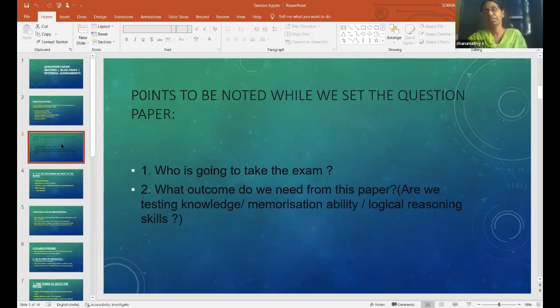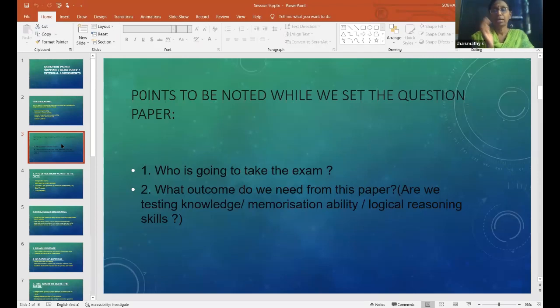Definitely difficult papers are not encouraged or appreciated by the heads of the institution, and children would also lose their interest and their motivation level will come down. So please don't set a difficult paper, rather it should be a standard paper. Please note the difference between a standard paper and a difficult paper. That is very, very important.